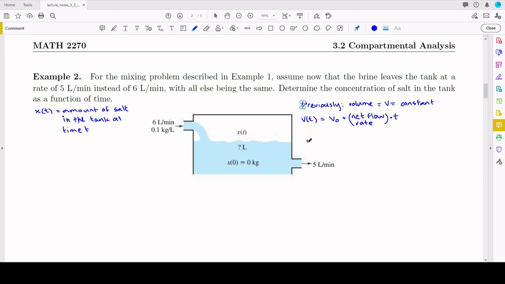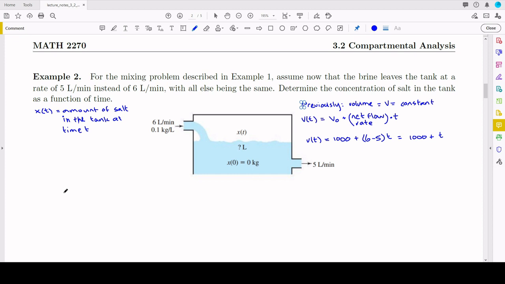So in this particular case, V of t equals 1,000 plus 6 liters coming in, 5 liters coming out, so 6 minus 5 times t. And so our final V of t is 1,000 plus 1 times t, or just 1,000 plus t. So that will change things a little bit, in that it's no longer constant.